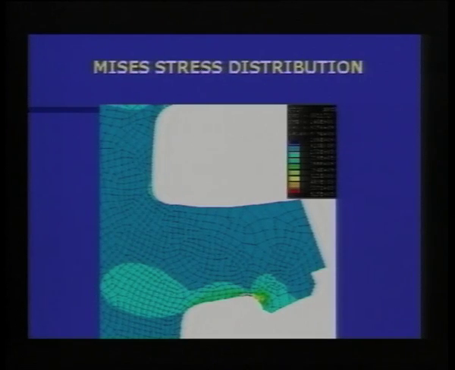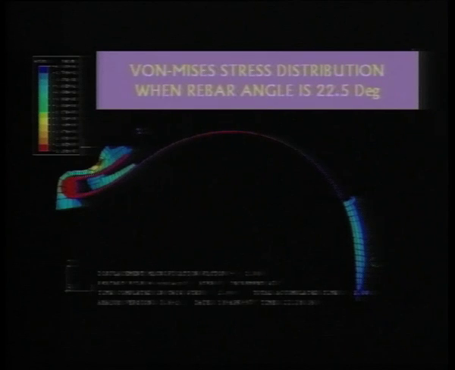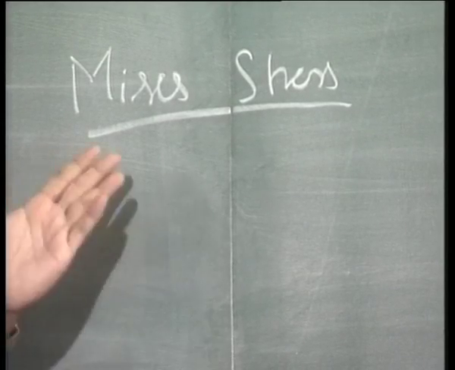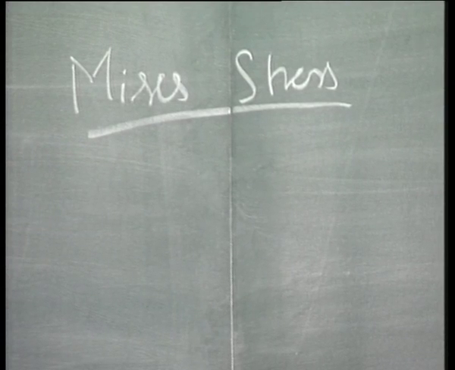Let us look at the next slide. Here again you see that we are looking at Mises or von Mises stress, again from Mises theory. So from all these examples we notice that we look at the Mises theory, or the Mises stress.